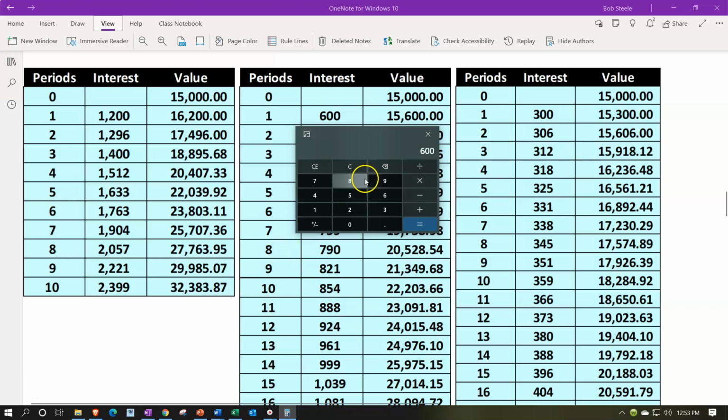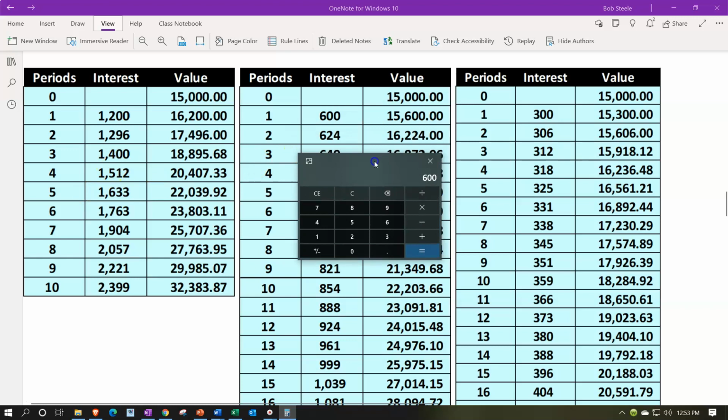So that's why when I do it by hand, normally I would do it this way: 15,000 times the yearly rate, 0.08. That would be the interest for a year, divided by 2 for a half year. 15,000 times 0.08 divided by 2 would be 600.